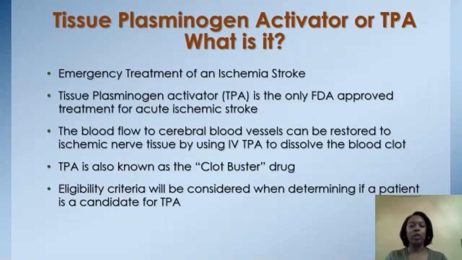The blood flow for the cerebral vessels can be restored to ischemic nerve tissue by using IV TPA to dissolve the blood clot. TPA is also known as the clot buster drug, and there are certain criteria that the patient must meet in order for the patient to be a candidate for TPA.